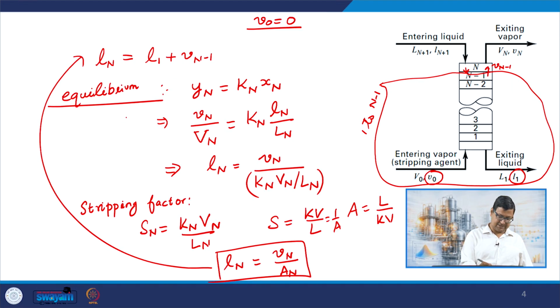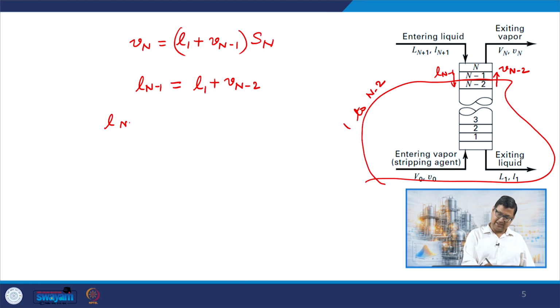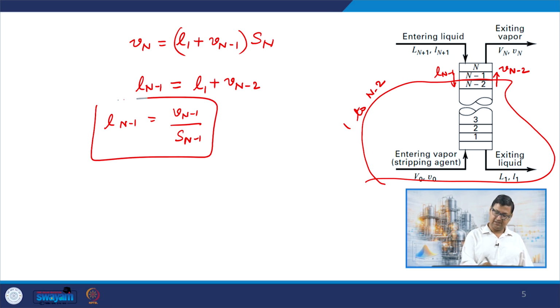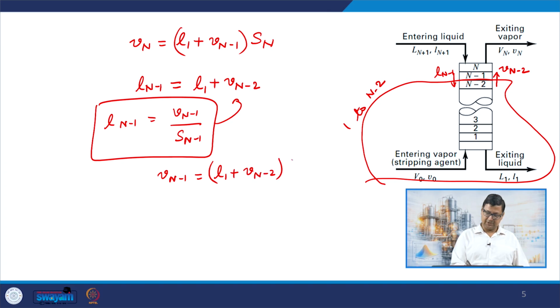I expressed Ln in terms of Vn, so I can similarly write L n minus 1 as V n minus 1 by S n minus 1. If I plug this in the expression here, we get V n minus 1 is equal to L1 plus V n minus 2 into S n minus 1.